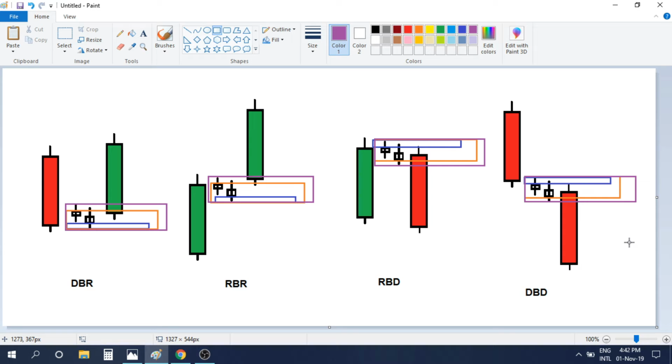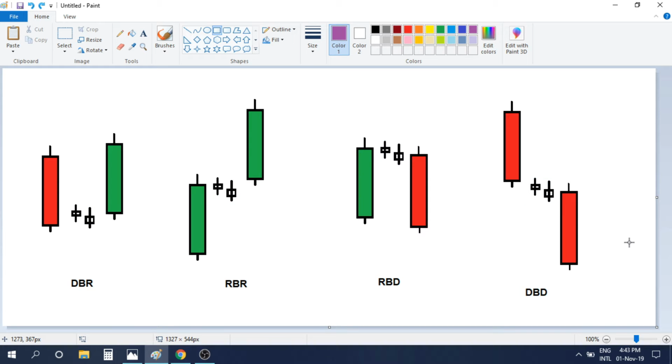Now the exceptions. Let me just erase all these. So what are the exceptions? The exceptions are especially in cases where we sometimes have to adjust the lower portion of demand zones and the higher portion of supply zones.